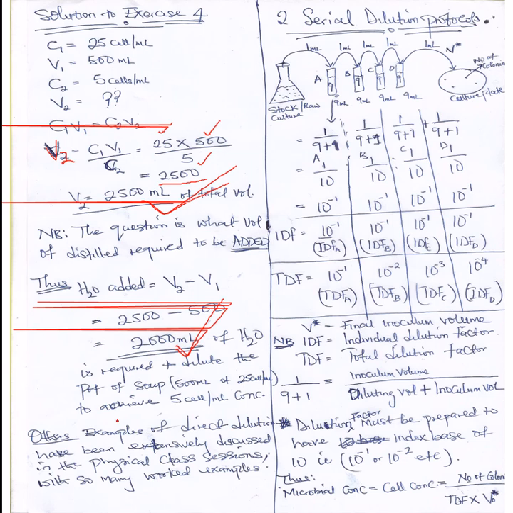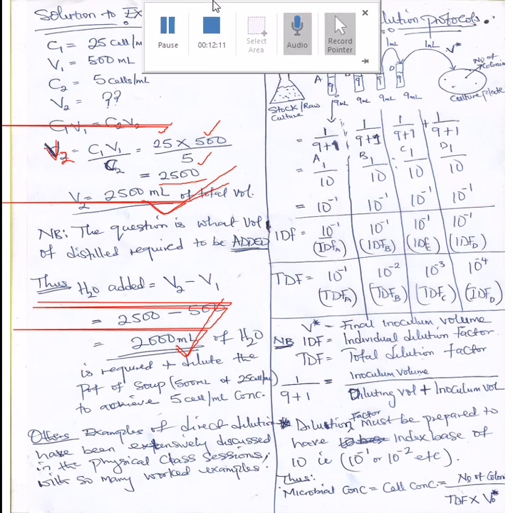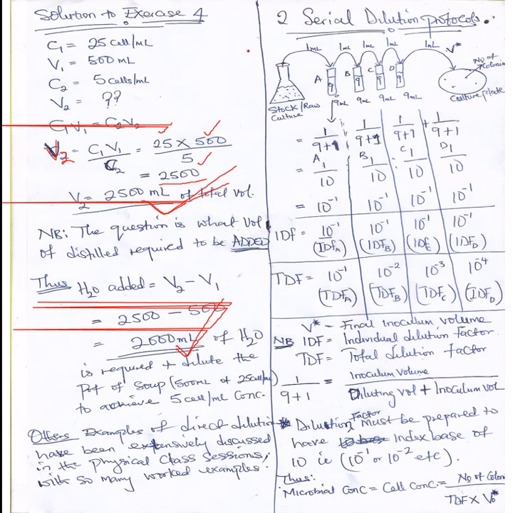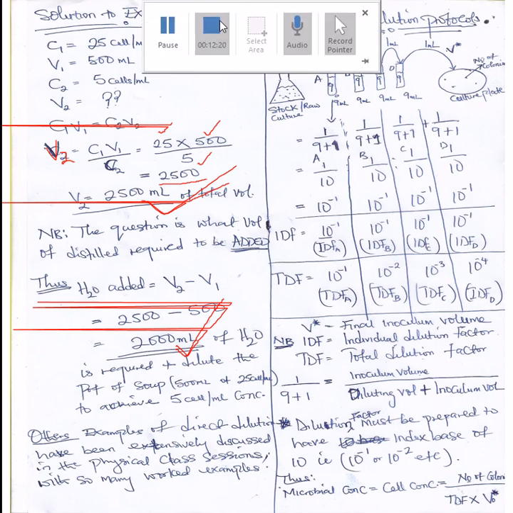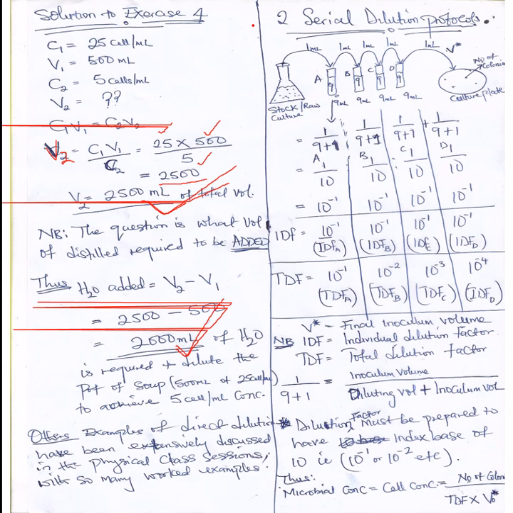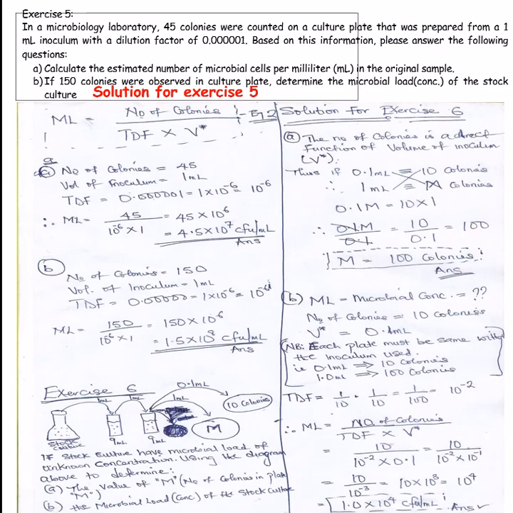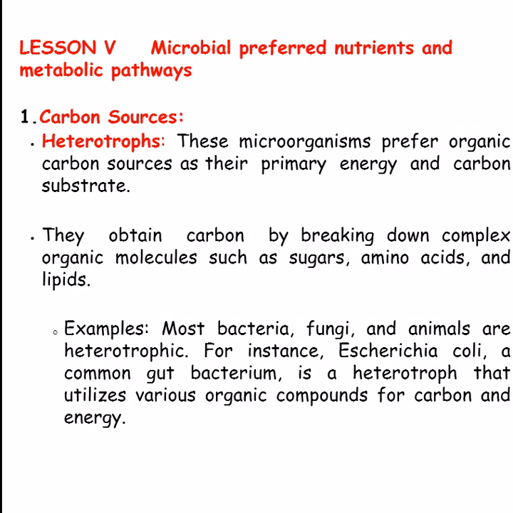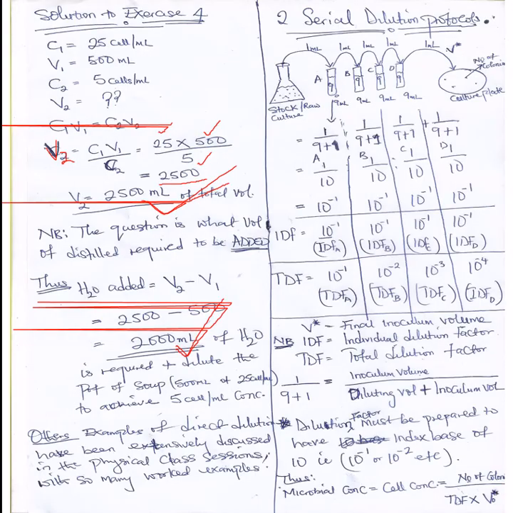Having said that, we'll look into other series of dilution in the physical class. I'll give you more questions so that we can have a better discussion on it. For the sake of time, I want to end this class here so that we have a short note and discuss serial dilution, because that's a very big discussion on its own.